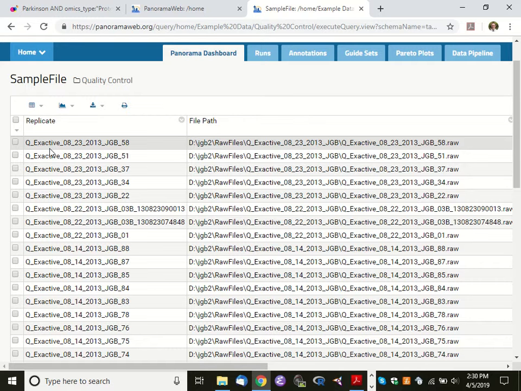So South Africa's got a fair number of these in operation. So in this case, they did not use an instrument that's limited to doing quantitative style experiments. You could equally well use a Q-exactive for a shotgun experiment where you were just trying to say what proteins are here. But in this context, this instrument has been used specifically in a quantitative profile.